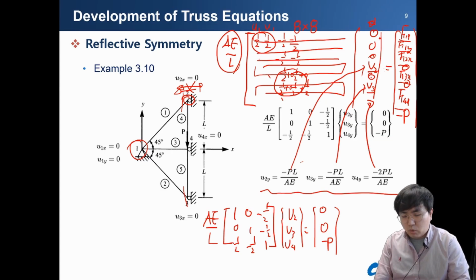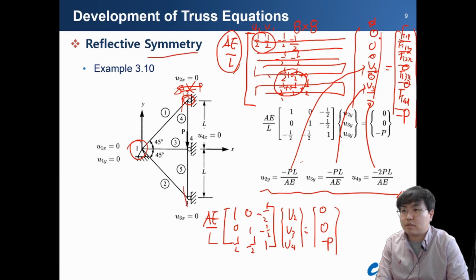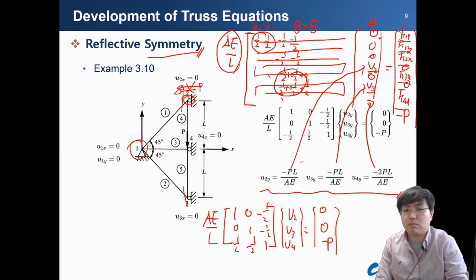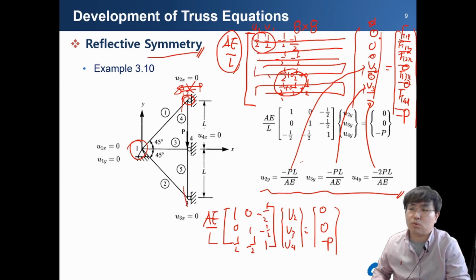Although the symmetric technique can reduce the size of some systems, 2D cases actually already have many degrees of freedom. So finally we obtain a very large global stiffness matrix, so it takes a lot of time to obtain the solution.